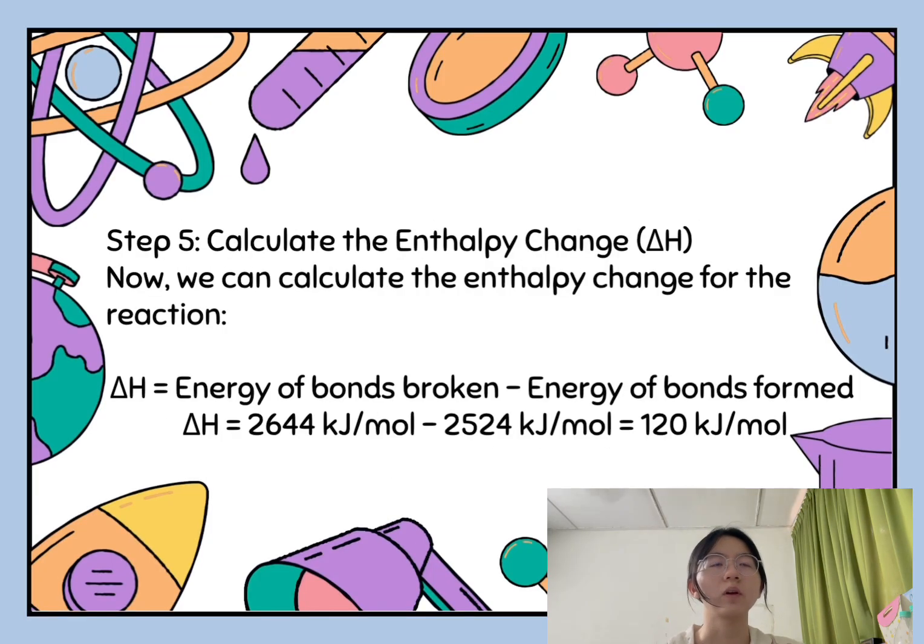So step 5, we need to calculate the enthalpy change, which is the delta H. For the delta H, the equation is energy of bonds broken minus energy of bonds formed. So it's 2644 kilojoule per mole minus 2524 kilojoule per mole, which will equal 120 kilojoule per mole.